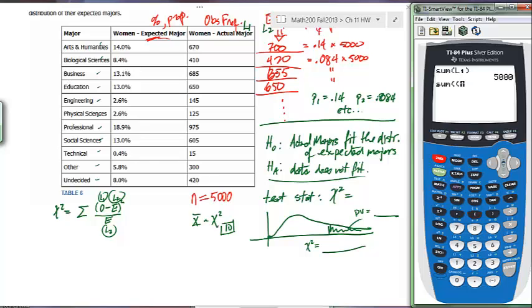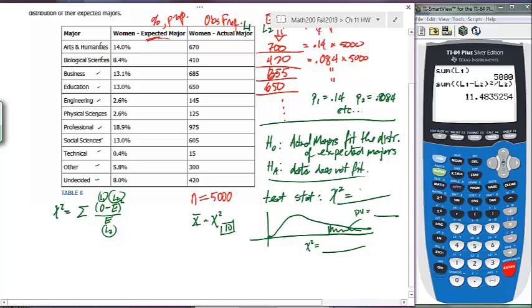That's second function, and the number 1, minus our expected frequencies, which is in L2, close the parentheses and square it, and then divide by the expected frequencies, which again are in L2. So here our chi-squared test statistic is 11.4835.